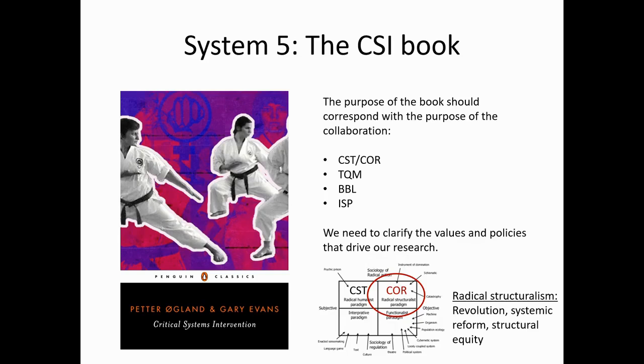The radical structuralism, the call for revolution, systemic reform, structural equity, and so on, was a central idea in the way we formulated our critical systems intervention methodology. That could be interesting, and we could perhaps turn it into a book after I have done a sufficient amount of research and published papers on this.